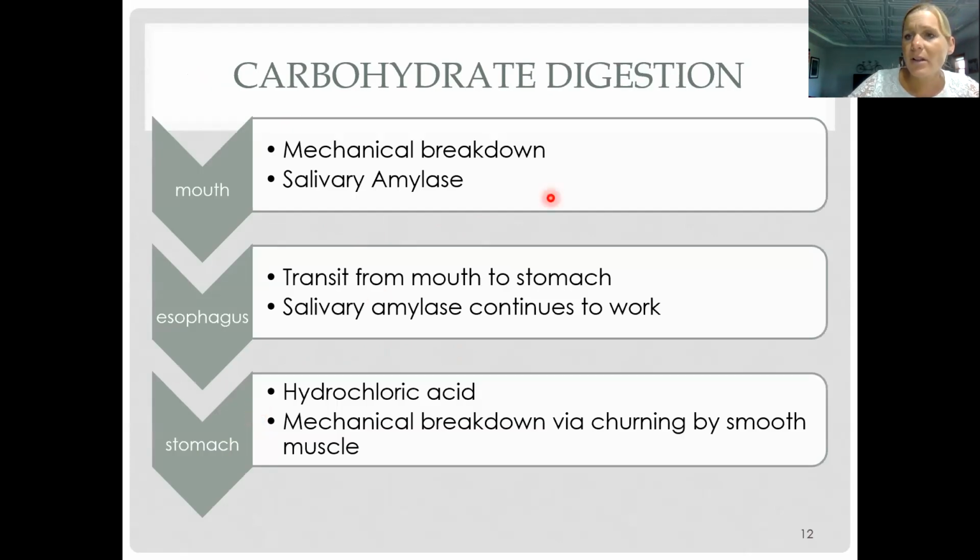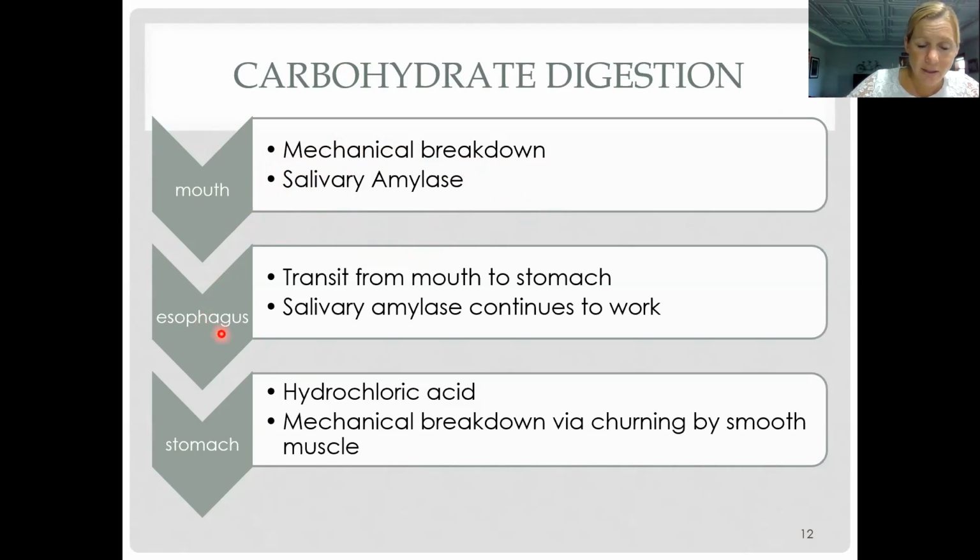Okay. So let's take a look at what's happening within each of those digestive organs along the GI tract. First thing we're going to do is put those carbs in our mouth, and we'll start some mechanical breakdown through the chewing of those particular items, okay? As you already know, we're also going to release salivary amylase, and salivary amylase is going to begin the breakdown of those carbohydrates from a chemical standpoint as well.